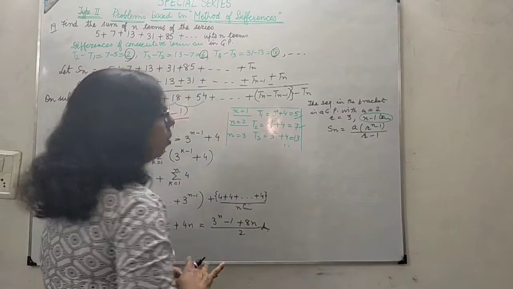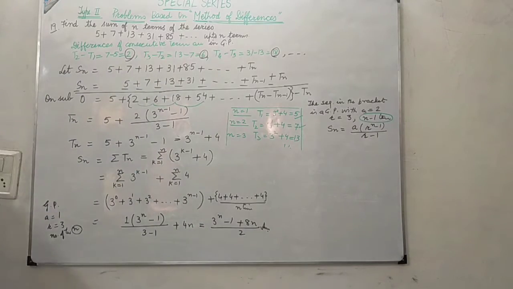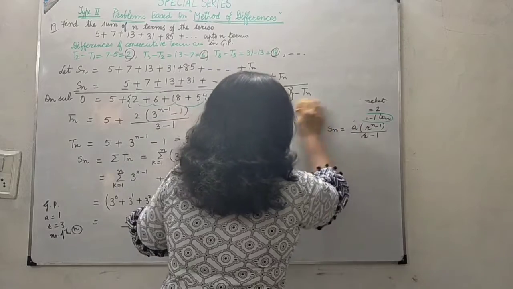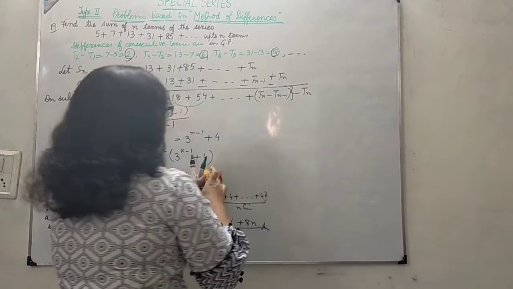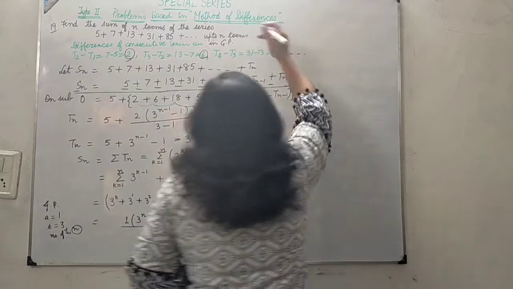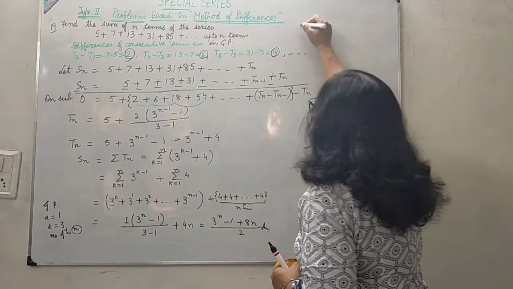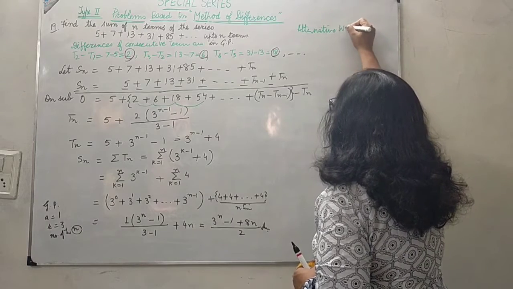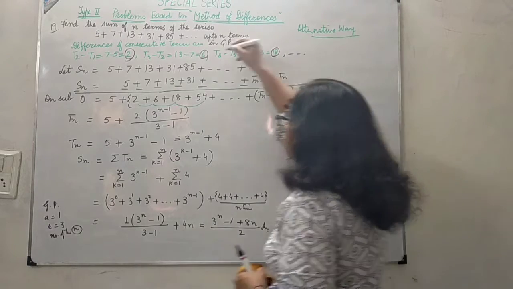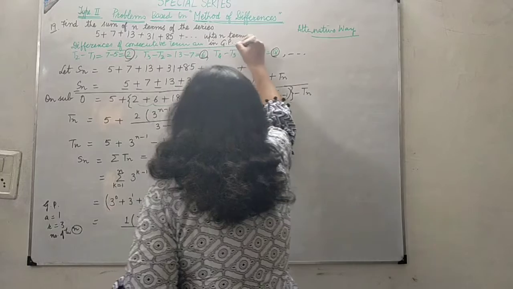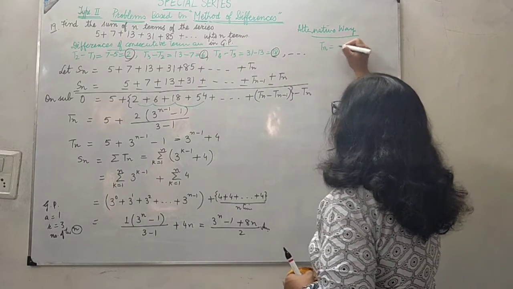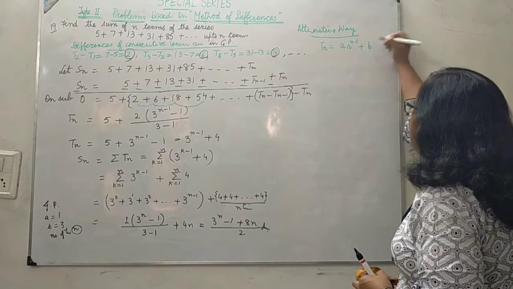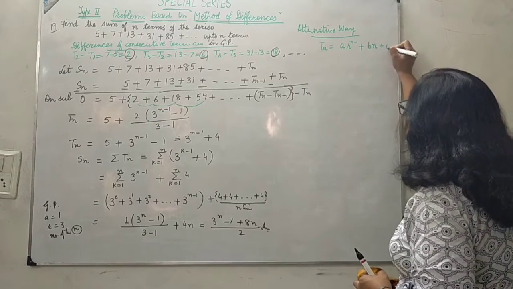Let us take its alternative way. Again, as we have done in AB, we can also have an alternative way for this when the differences of consecutive terms form GP. So I am writing a note over here. Here Tn will be considered as a into r to the power n minus 1 plus b n plus c.